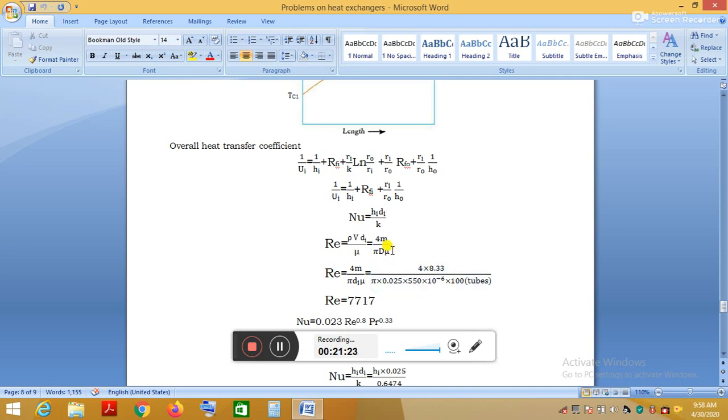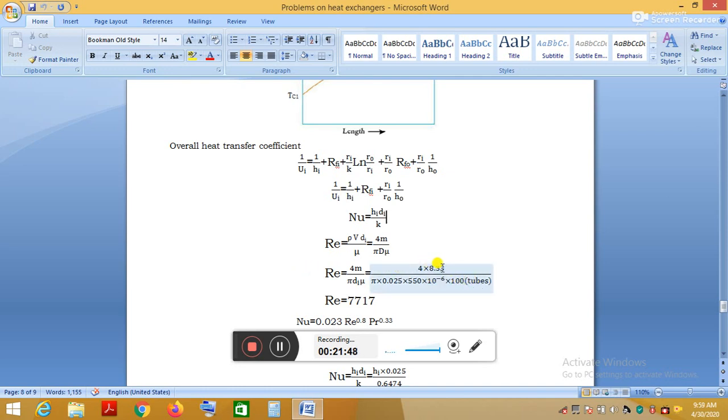Mass of the cold fluid is given because we are finding hi, not h naught. Through the inner tube, the water is flowing at a rate of 8.33 kg per second. 4 into m, pi into d. We need to substitute di because we are finding hi. Pi di into mu. And there are 100 tubes.